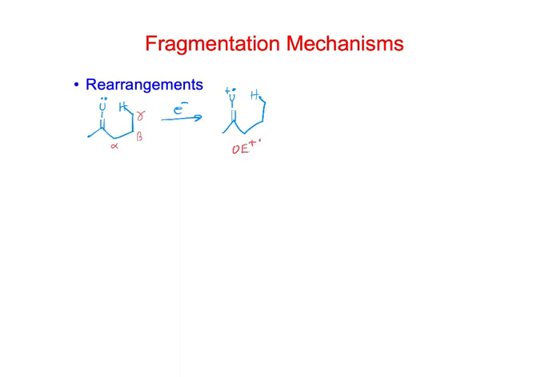And we know that if there's an odd number of nitrogens, it'll be odd mass. Even number of nitrogens, it'll be an even mass. Okay, so if we have a hydrogen that is on this gamma position, then that hydrogen atom can be transferred to the heteroatom. We can draw it like this. We take this electron and it combines with one of these electrons over here, and then this bond cleaves.